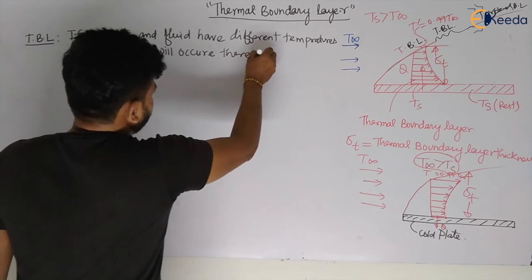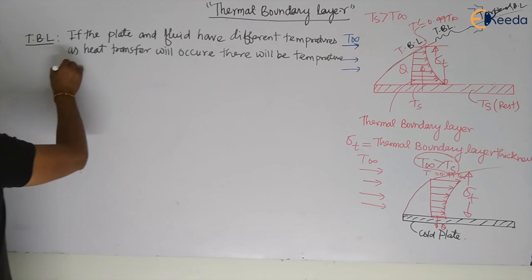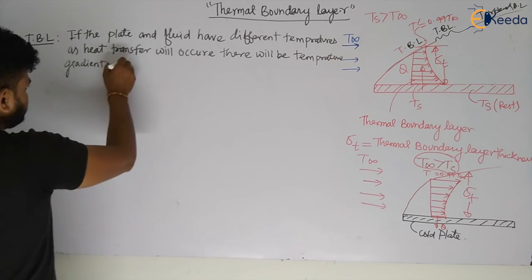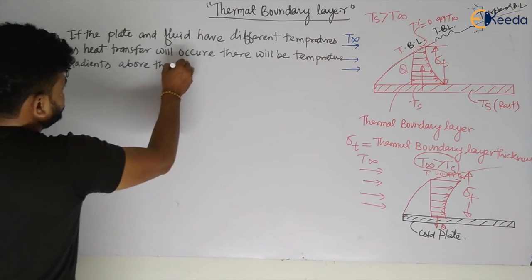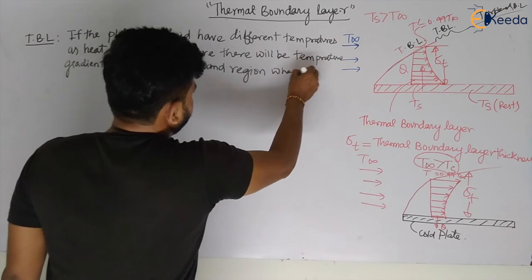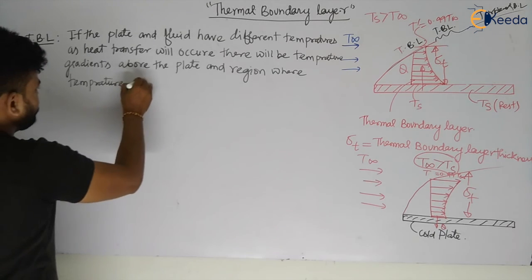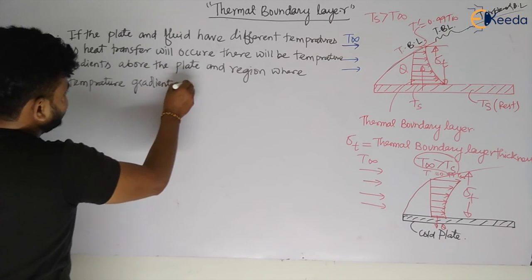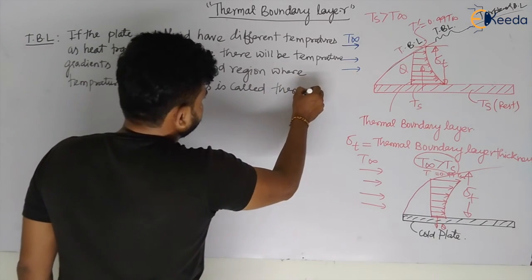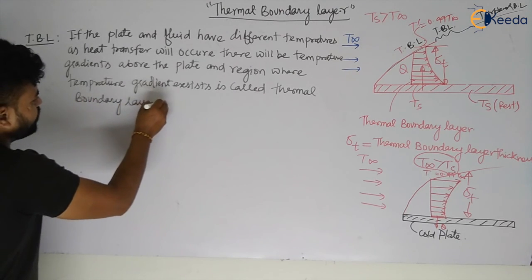There will be temperature gradients above the plate, and the region where the temperature gradient exists is called the thermal boundary layer, my dear students.